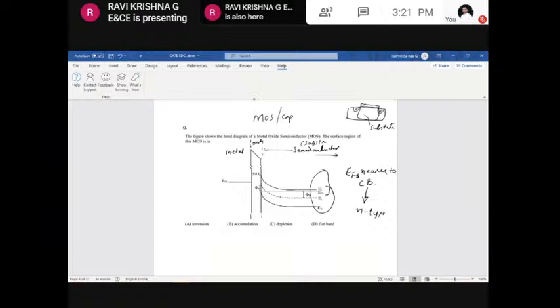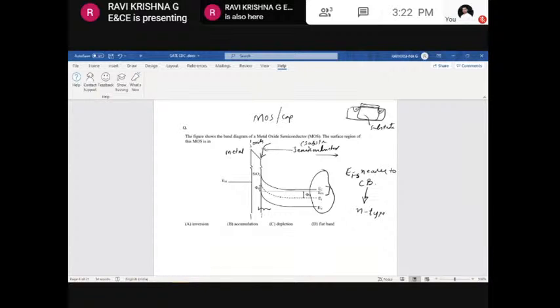Now let's move on to the junction or interface between the oxide layer and the semiconducting region. This is the interface, or the surface region. They have asked what happens here: is it in accumulation, depletion, or flat band mode? The surface region is nothing but the silicon dioxide and silicon interface.